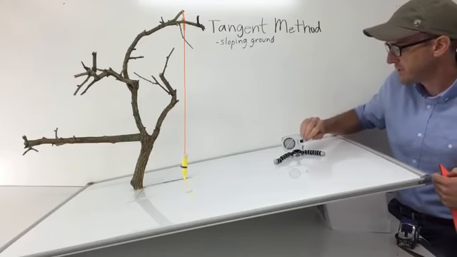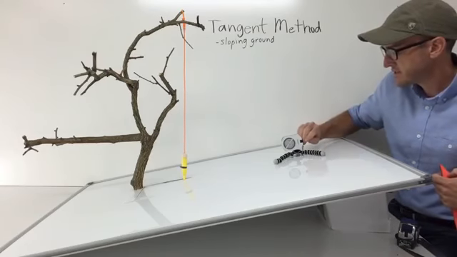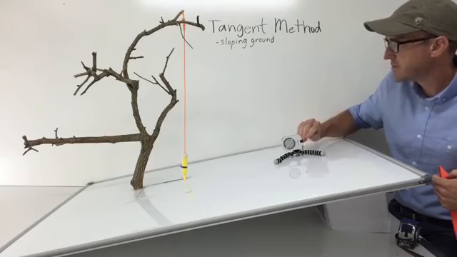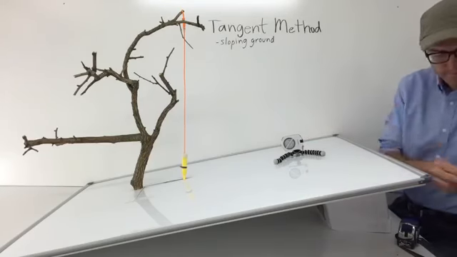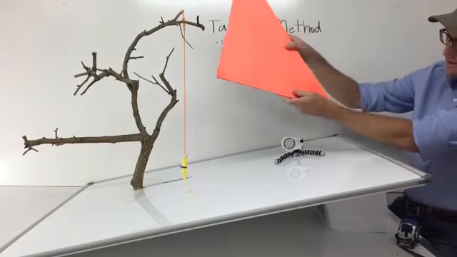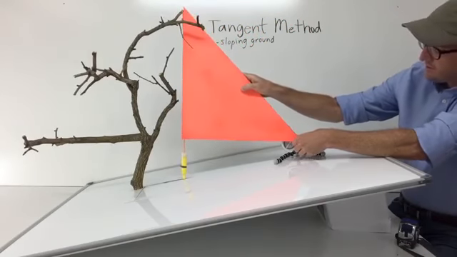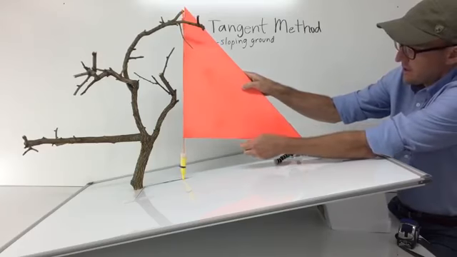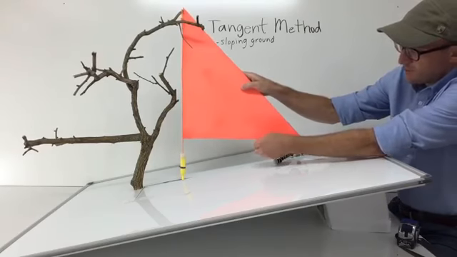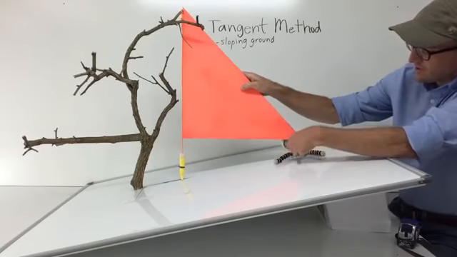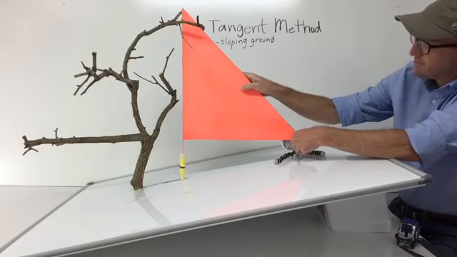And what that essentially will be is the vertical distance from our eye level to the top of the tree. So in this case, let's take a look at that. All right. There we go. So again, this distance will be our baseline, which is 16.7 inches.